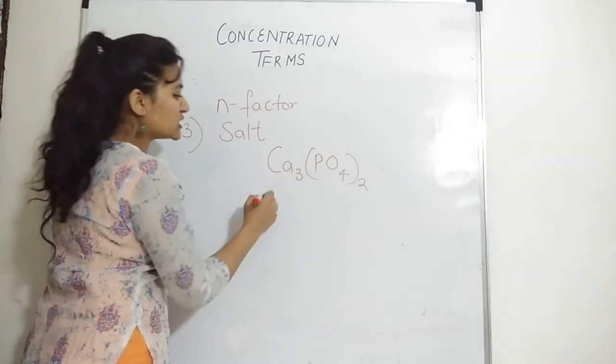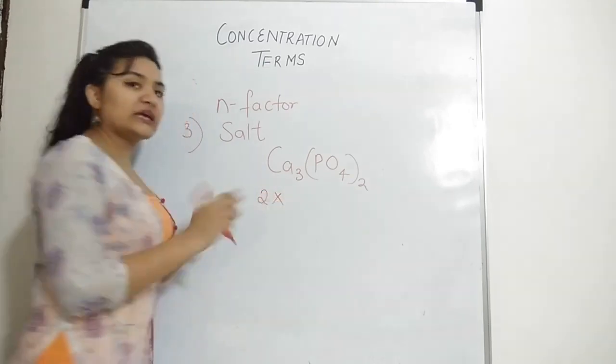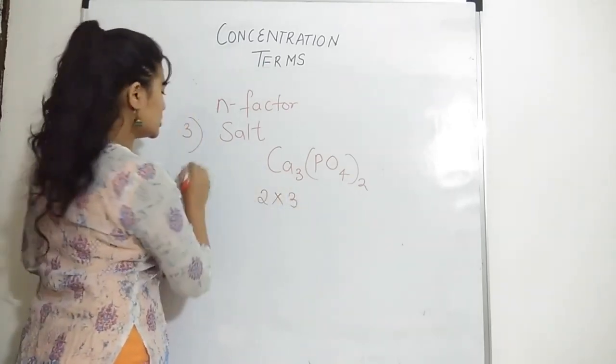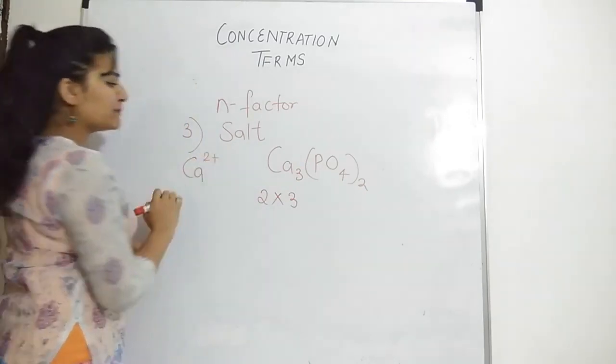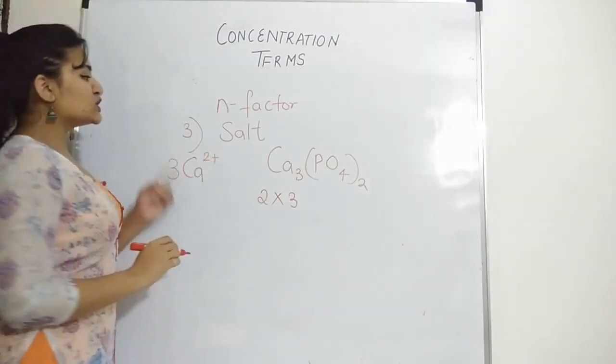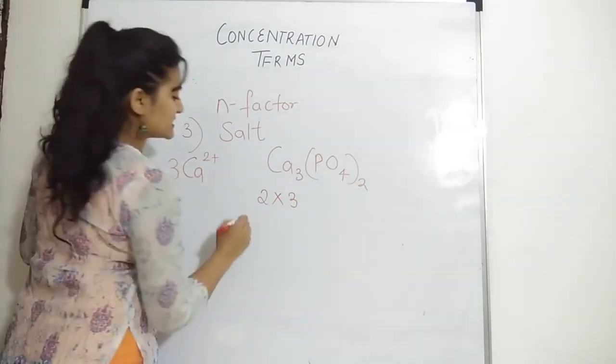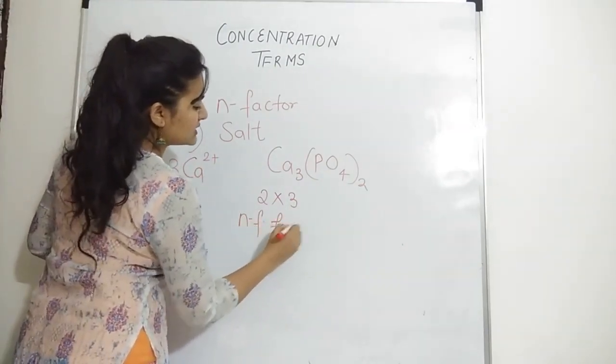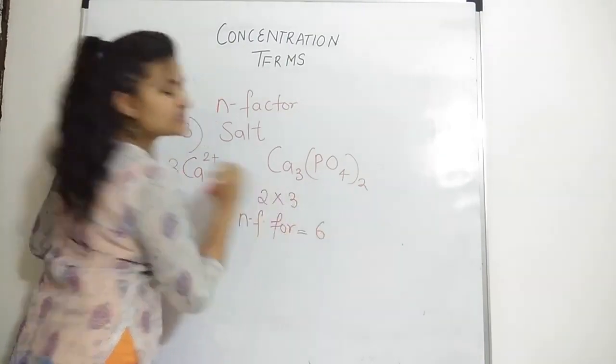I am talking about 3 calcium ions. It will be 2 into 3. Because 2, 1 calcium पे और 3 calcium ions है. So total charge will be 6. So N factor for this salt will be 6.